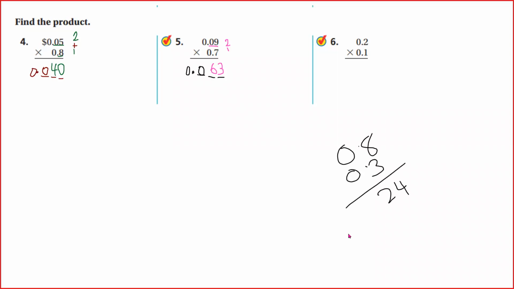No. See, you said 1, 2, so after 2 digits, you put the decimal point. The lesson told you that if you multiply and the product doesn't have enough digits, you have to add a 0. But if it has enough digits, no need to add a 0. Okay, that's it.